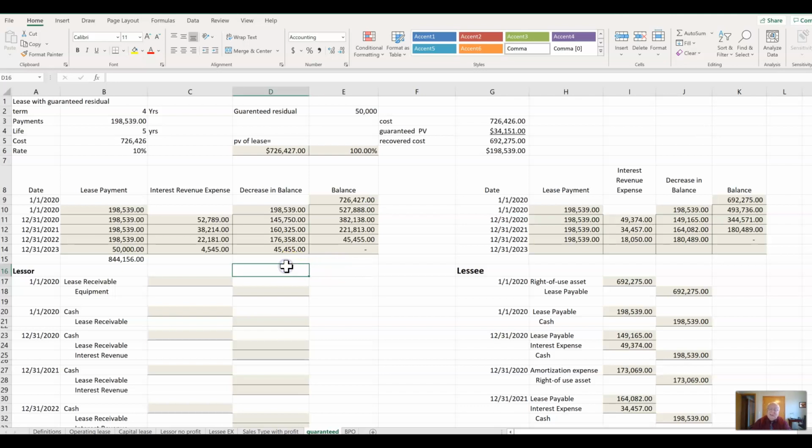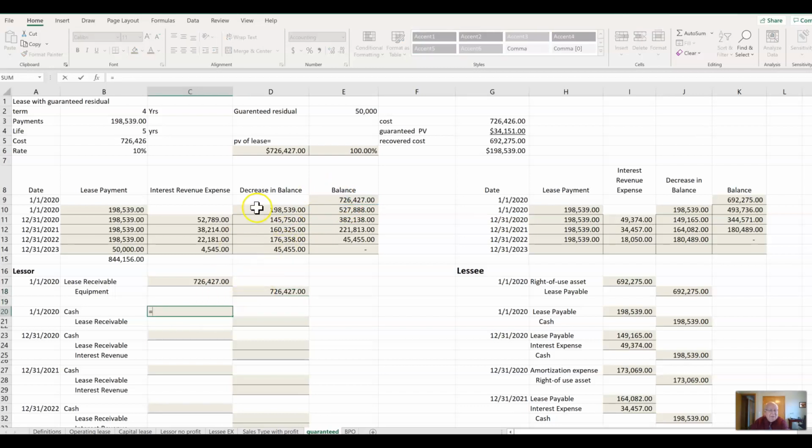Okay, so you notice these charts are done pretty much all the same way. So there's no difference between the charts, except how you calculate the beginning balances. The lease receivable, this is just a regular no profit, so those will be the same.